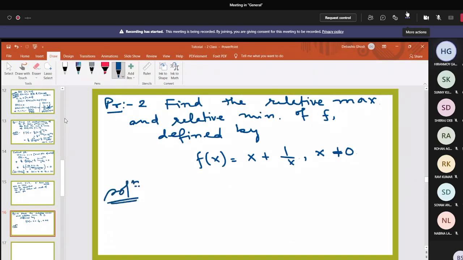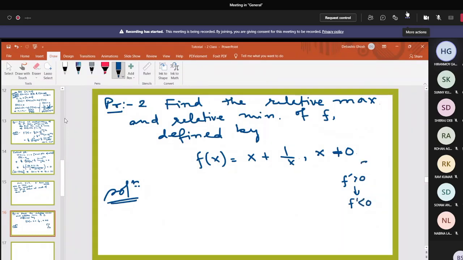So as you know, to find the relative maximum and relative minimum, we have to check the characteristics of f dash, or the change of f dash, that is, f dash changes from greater than 0 to f dash less than 0 over an interval. We are breaking at some point.